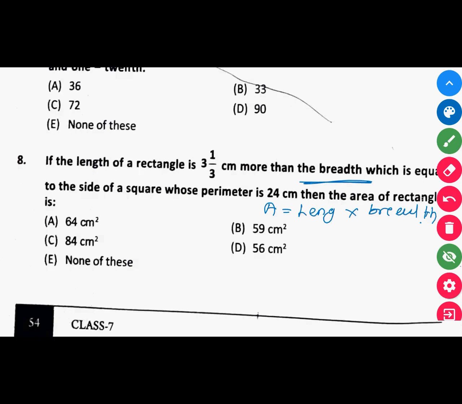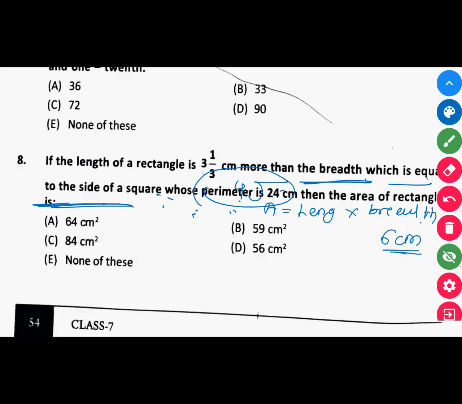Now breadth is equal to the side of the square, and the perimeter of the square is 24 centimeter. All the sides are of equal length and it has 4 sides, so 24 is divided by 4 to get the side of the square, which is the breadth of the rectangle. So the breadth of the rectangle is 6 centimeter.